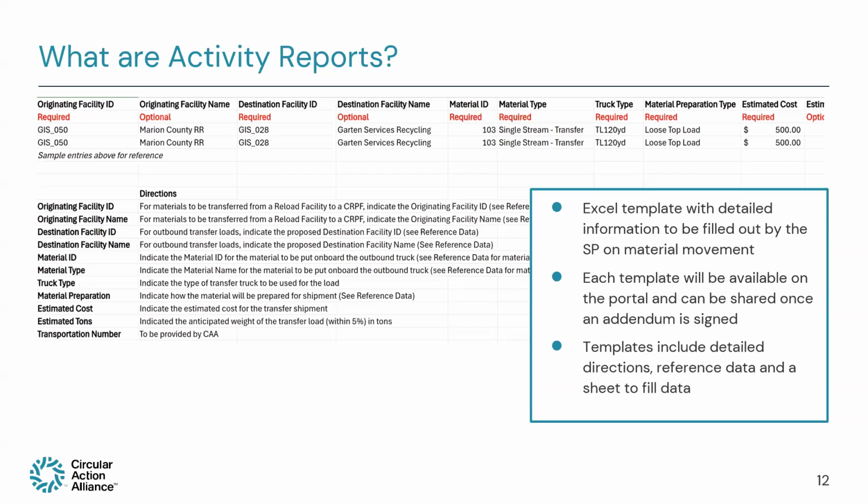So each template's available, and they'll all include these detailed directions, and also some reference data in there so that you can easily find the places that you're looking for. Next slide.